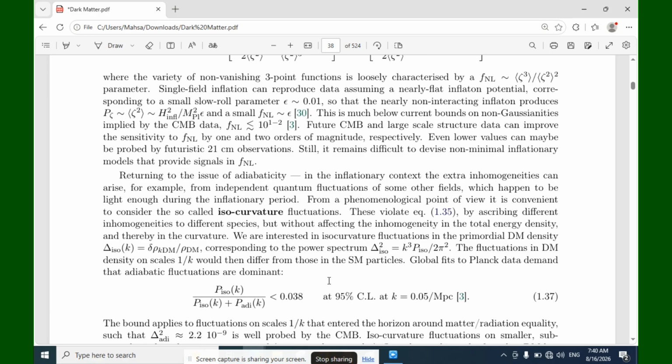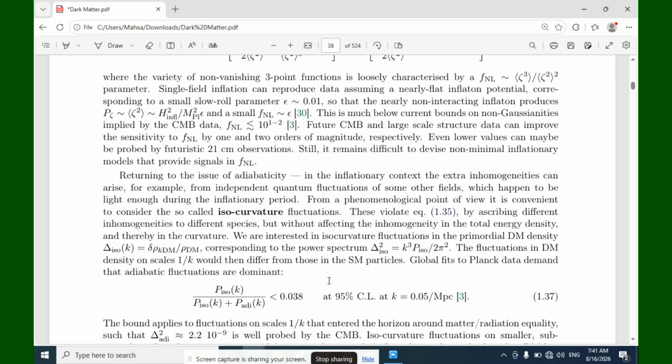From a phenomenological point of view, it is convenient to consider the so-called isocurvature fluctuations. These violate equation 1.35 by ascribing different inhomogeneities to different species, but without affecting the inhomogeneity in the total energy density and thereby in the curvature.